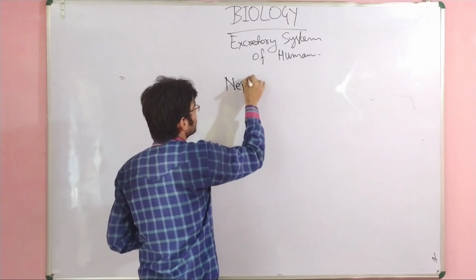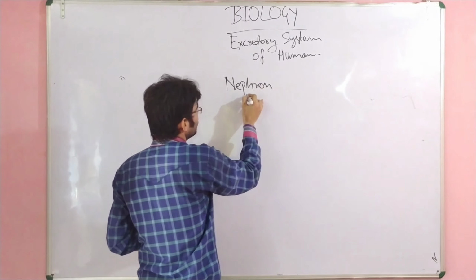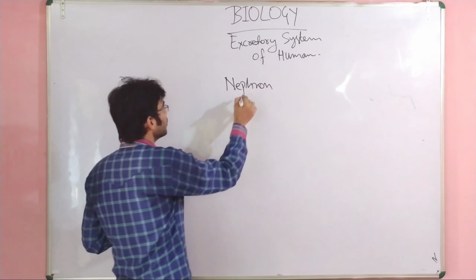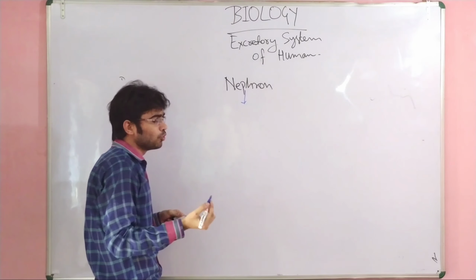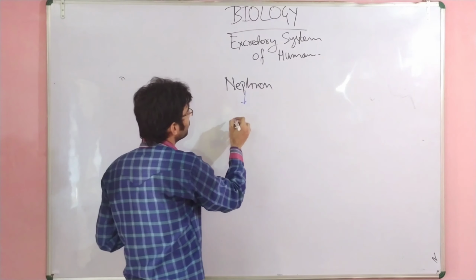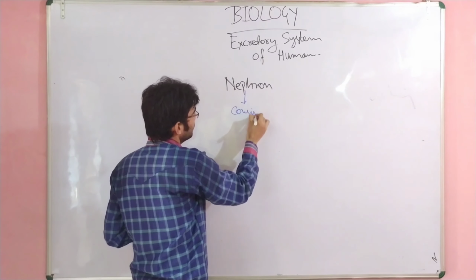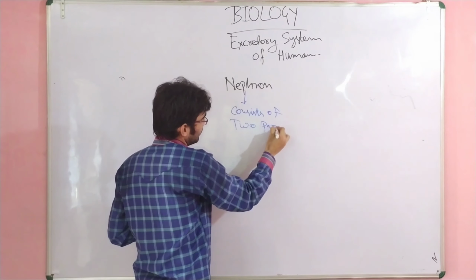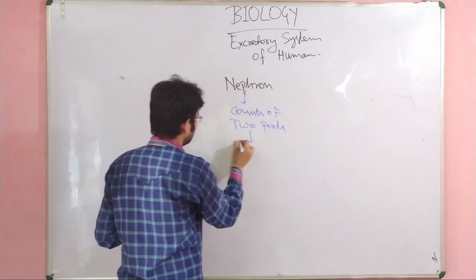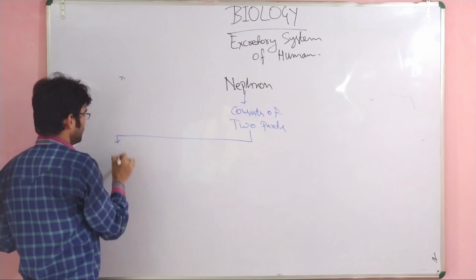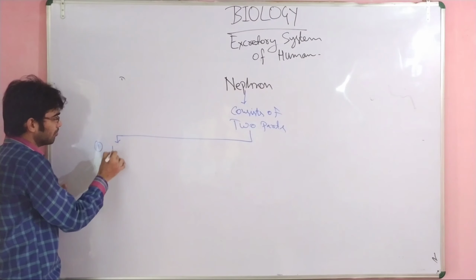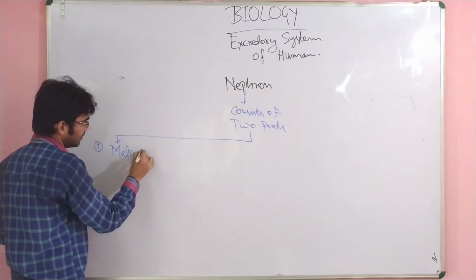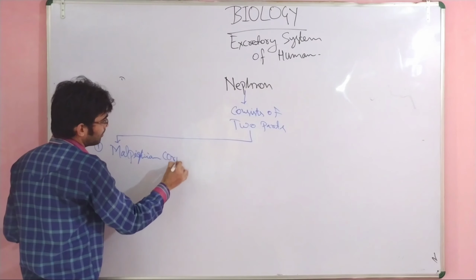Nephron: as you know, the nephron is the structural and functional unit of the kidney. The nephron is composed of two parts. The first part is called the Malpighian corpuscle.